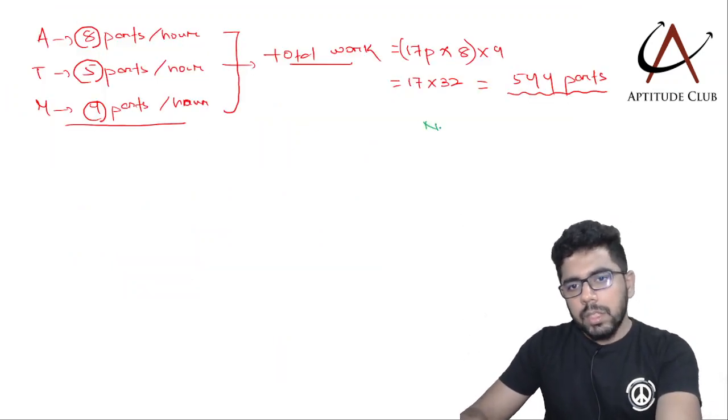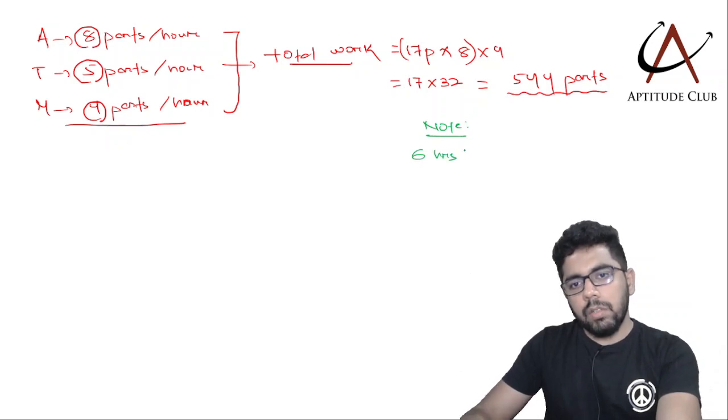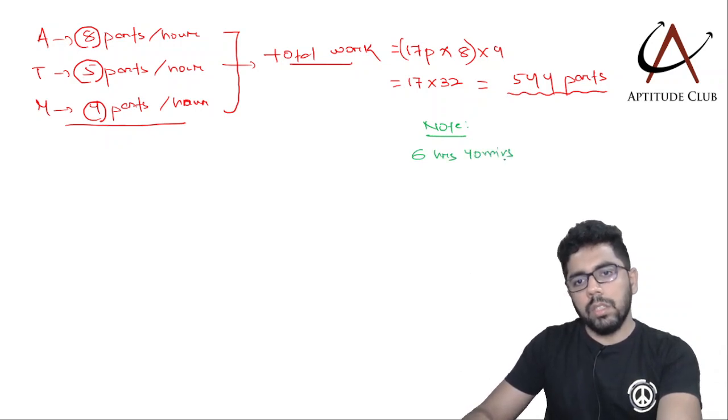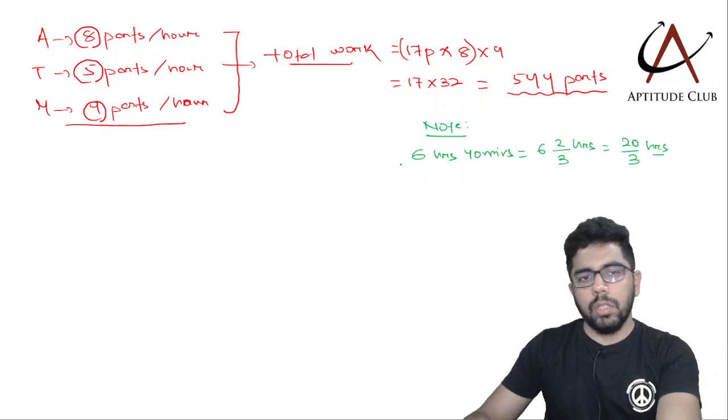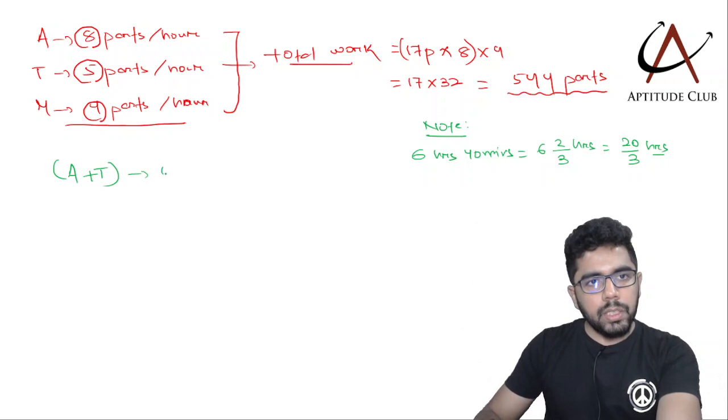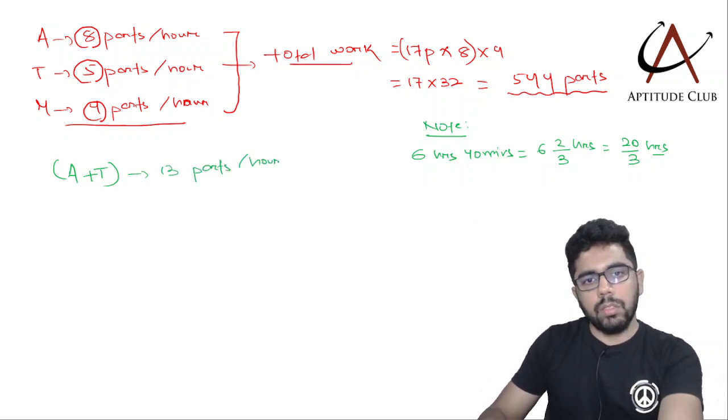Now, 6 hours 40 minutes is basically 6 whole 2 by 3 hours, or I can write it as 20 by 3 hours. So, Anu plus Tanu can complete 13 parts per hour.